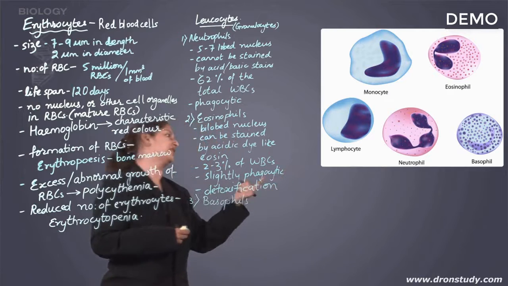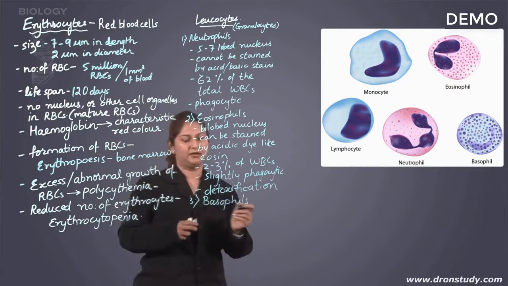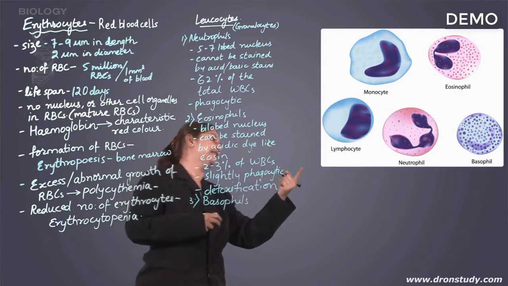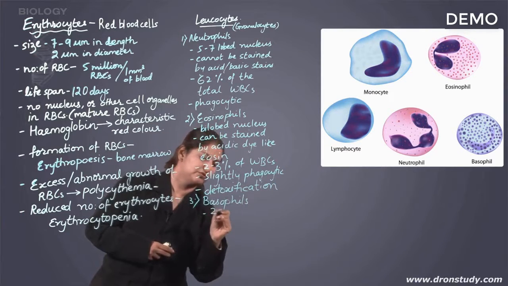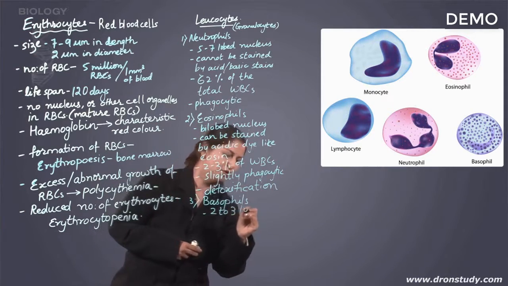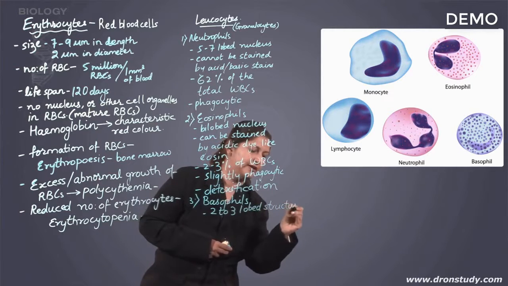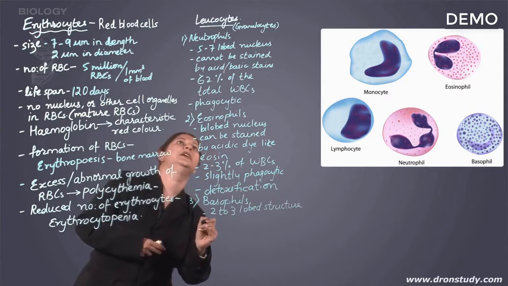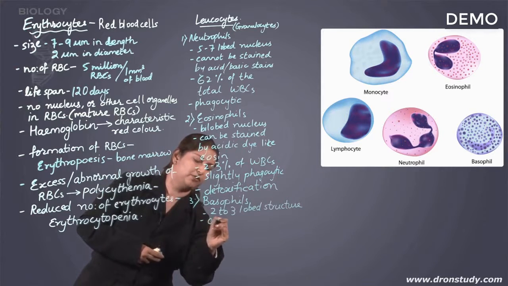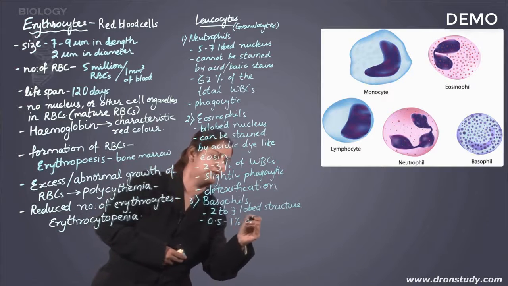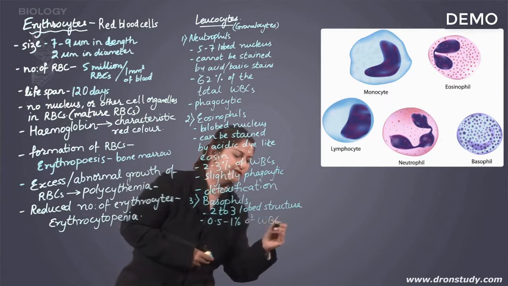Now looking at the structure of the basophils, again the nucleus, you can see that it is almost a 2 to 3 lobed structure. All right. Then it will be forming about 0.5% to 1% of the total amount of WBCs in the body.